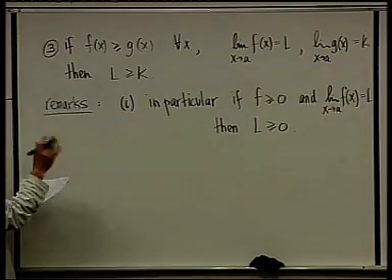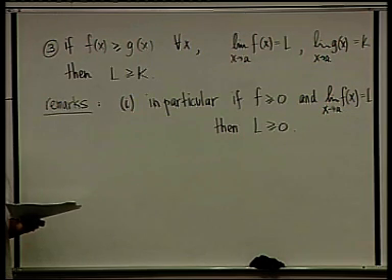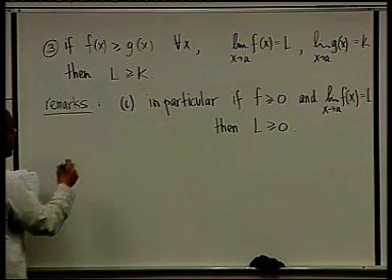So this is just taking k and g to be 0 and applying the previous theorem. Okay? Good? Say yes. Okay, so that was the first remark.